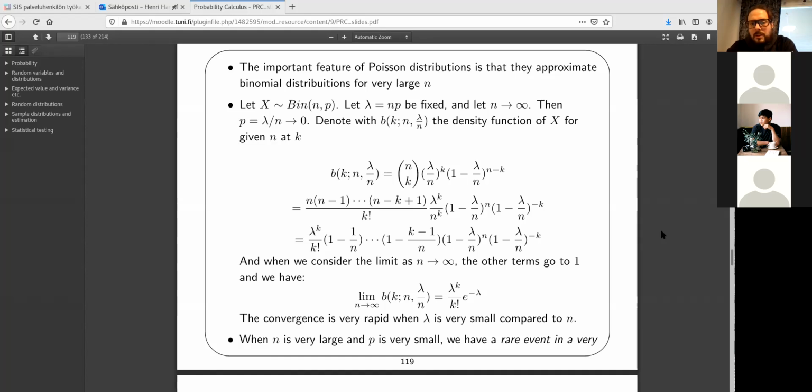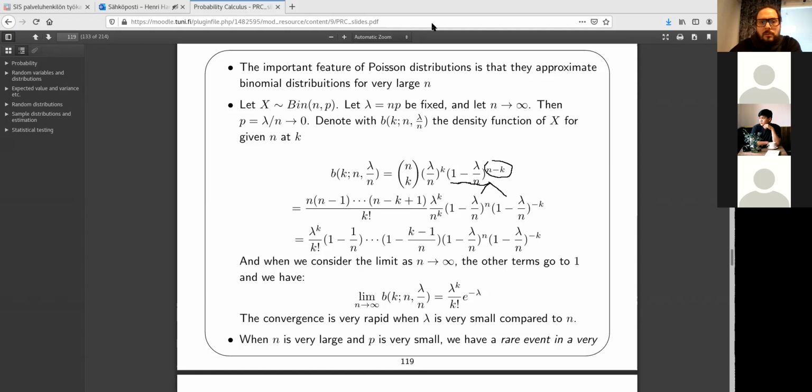We separate 1 minus lambda over n to the n minus k as a product of 1 minus lambda over n to the n and the remaining factor.